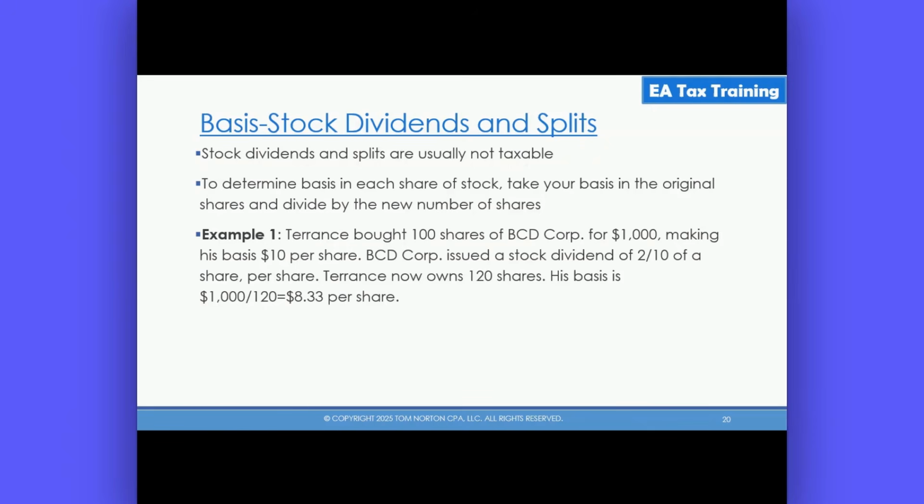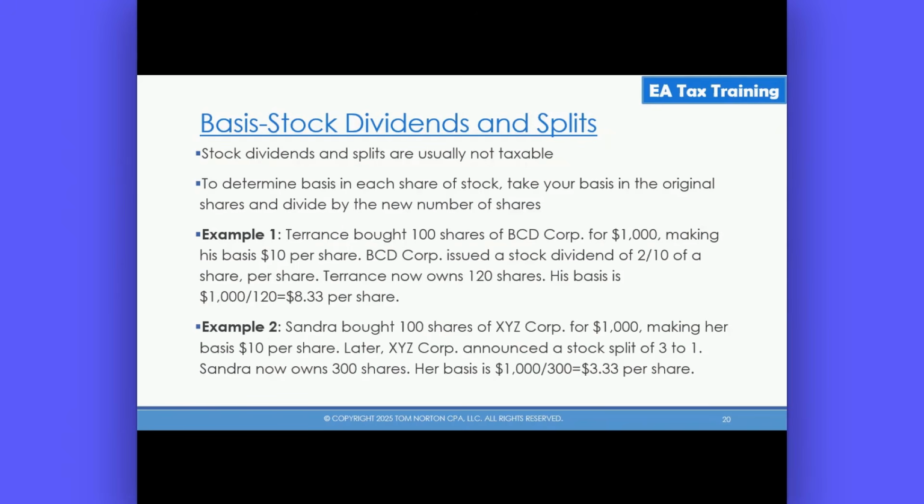But now his basis in those shares is only $8.33 per share because he's got more shares than he had before. So he's still got his same $1,000 basis overall in his shares. But if you look at that on a per share basis, instead of being $10 per share, his basis is now $8.33.